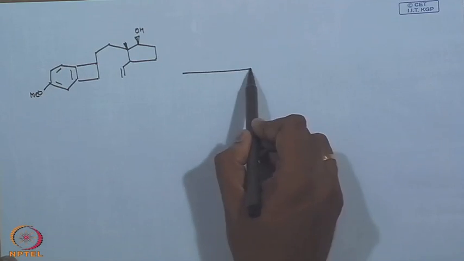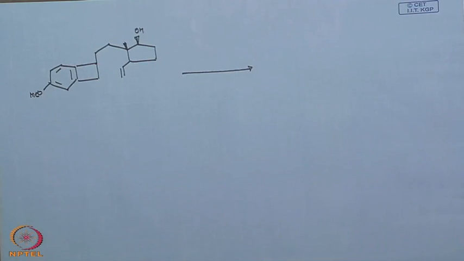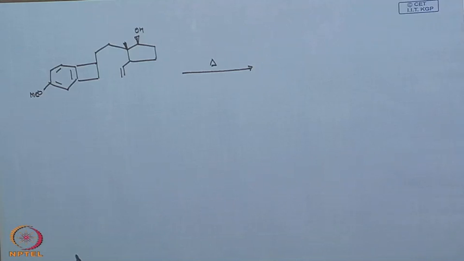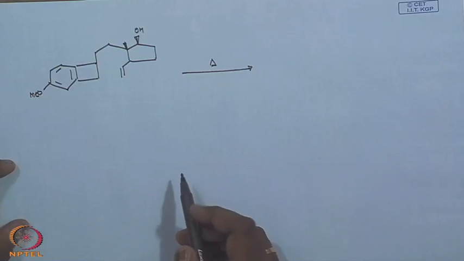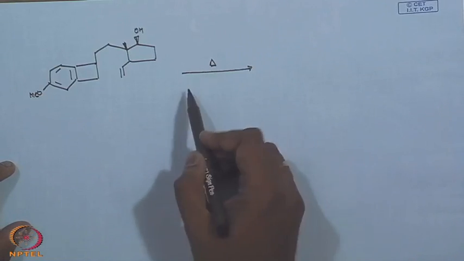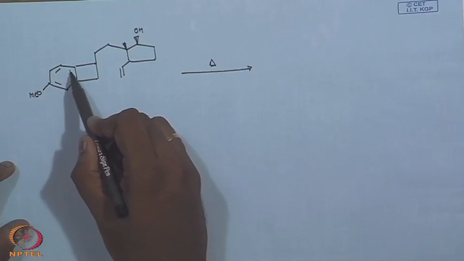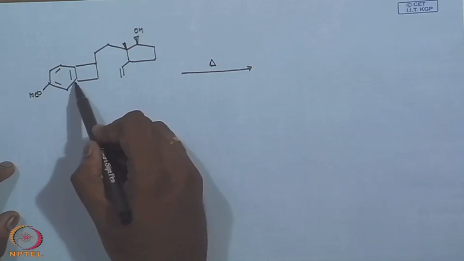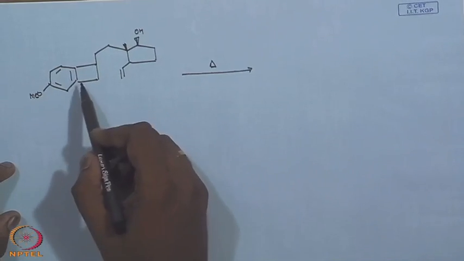Okay, I have a system like this. Now what happens if I heat this? What do you expect? Now you have to write by yourself, right? Because on heating, I can think of this as my system. Any idea? Which you have studied.